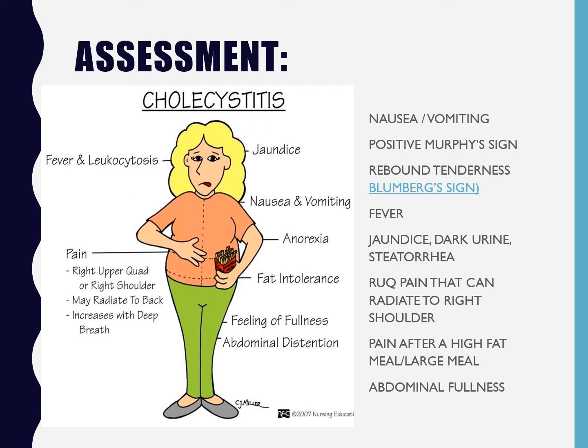Our patient with cholecystitis, if you ask them about their bowel patterns, what does their feces look like? They're going to report steatorrhea, which is fancy for fatty stools. This is actually occurring because the fat absorption is decreased as a result of lack of bile.